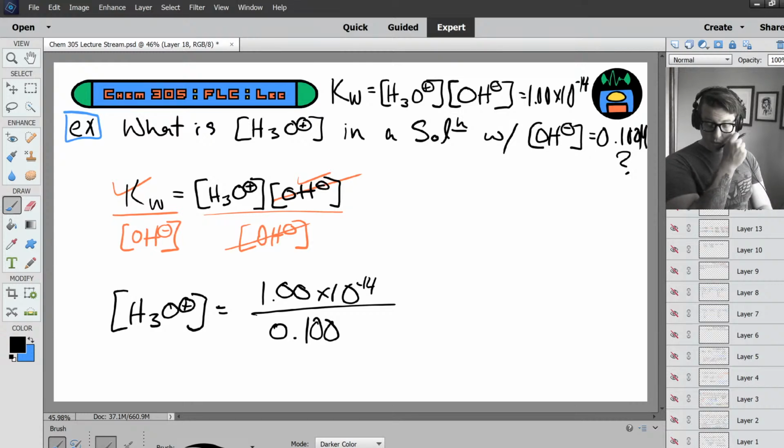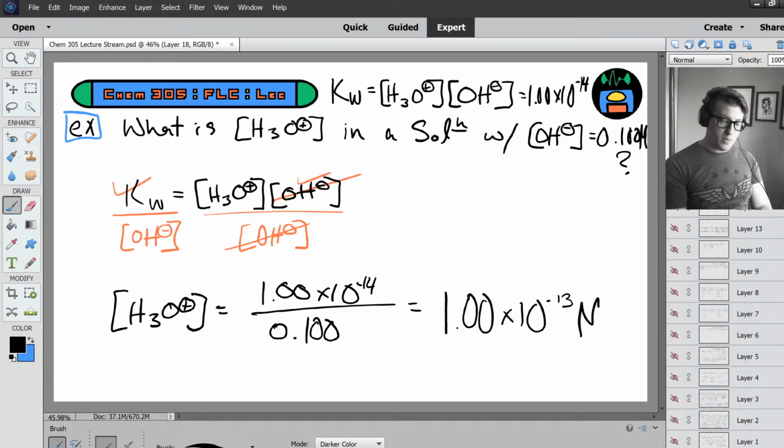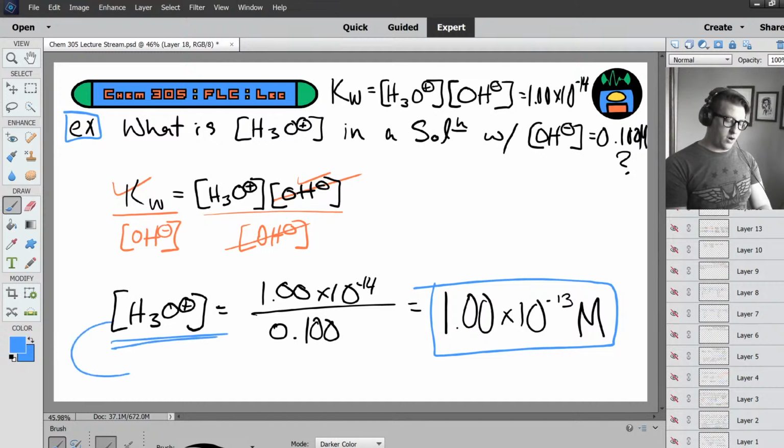So when you divide one by the other, we get that the concentration of hydronium is 0.100 times 10 to the negative 13 molar. Right, we've got to have units of molarity as part of our answer because that's what those brackets mean.